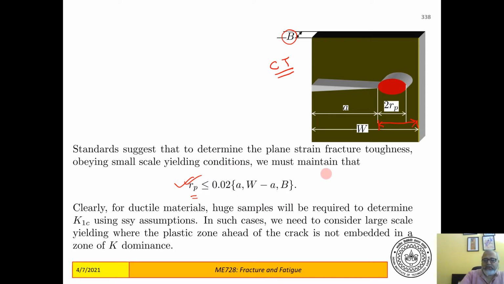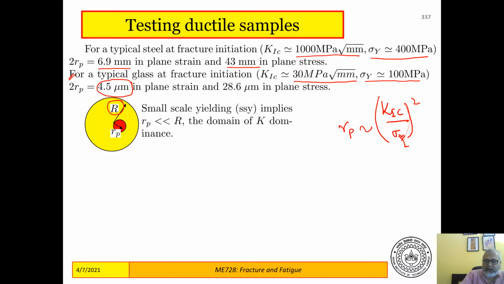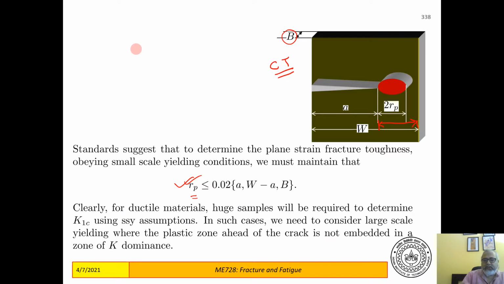Now, what you see from here is for strong and ductile materials like steel, whose K1C is high and so is sigma y, you have a situation where your plastic zone size is large. Therefore, the dimensions of the sample that you need, W minus a or B, are going to be huge.